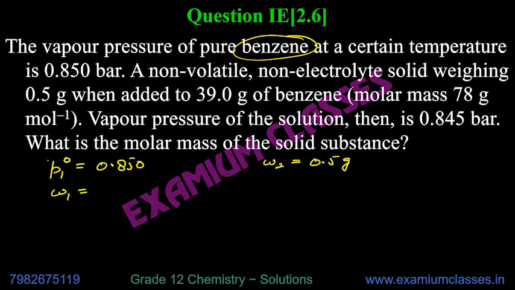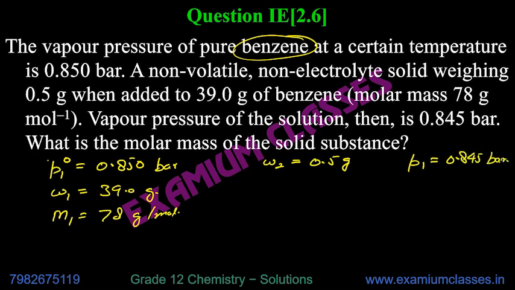Benzene is solvent, that is 1, W1 is 39 grams. Molar mass of benzene M1 is 78 grams per mole. Vapor pressure of the solution then is P1, 0.845 bar. Final. It decreases from 0.850 to 0.845.